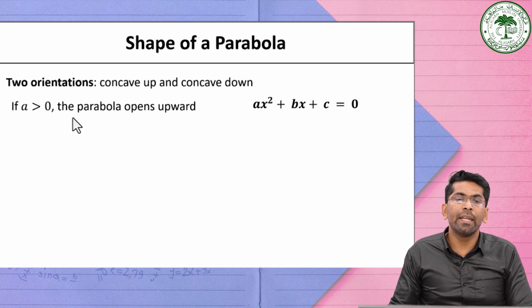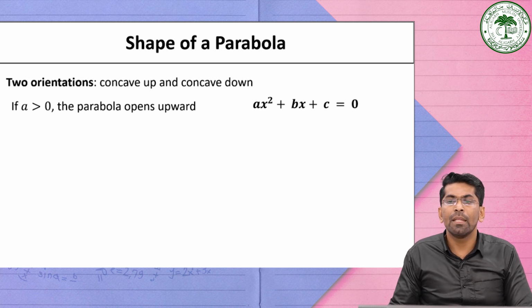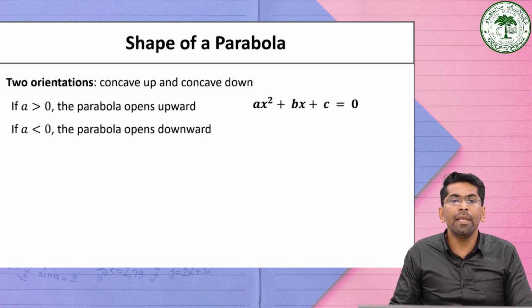If a is greater than 0, then the parabola opens upward. And if a is less than 0, then the parabola opens downward.